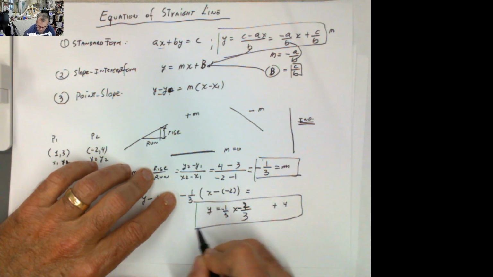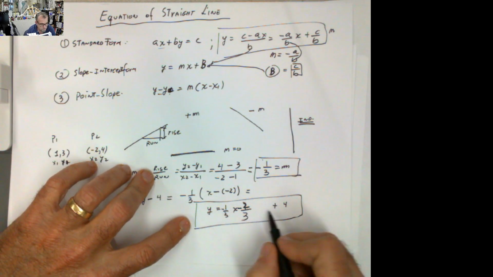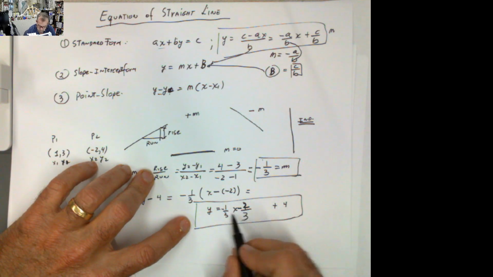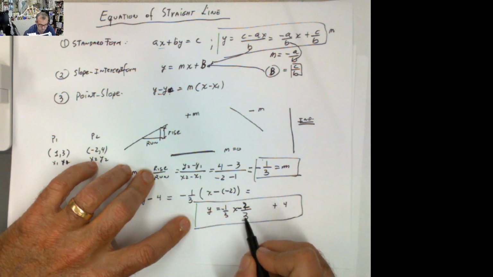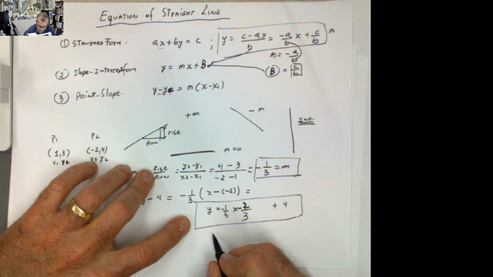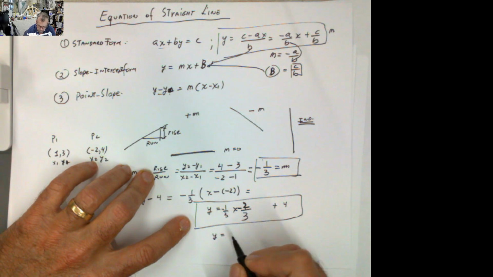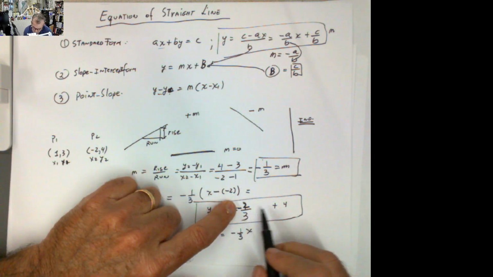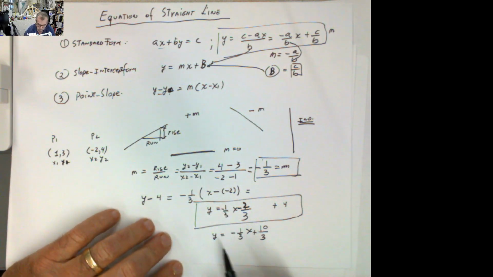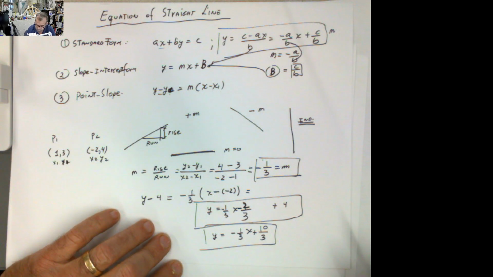And that will be the equation plus 4. And then of course I have to solve for this part, 4 minus 2/3, and then you can say that y is going to be equal to -1/3 of x, and then this is what? This is 12/3, 10/3, plus 10/3. And that will be the equation of the straight line.